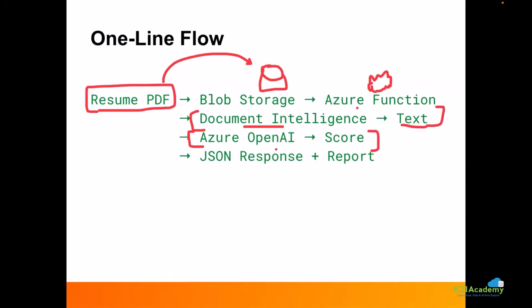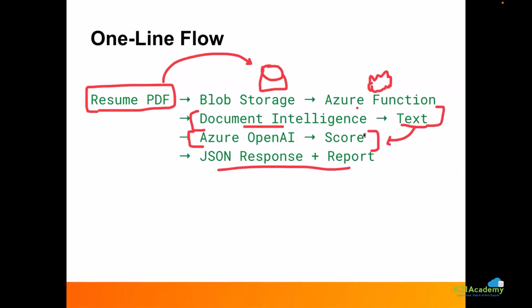Once again, you will start writing your system message. You will write some description, and then you will hit it. That means your text data is here, which you want to pass to your LLM, and this will generate an ATS score for us. And the final step can be to generate the response for you, right?